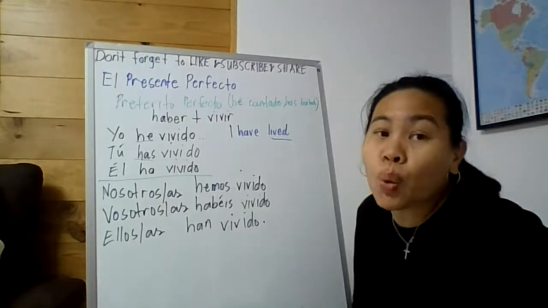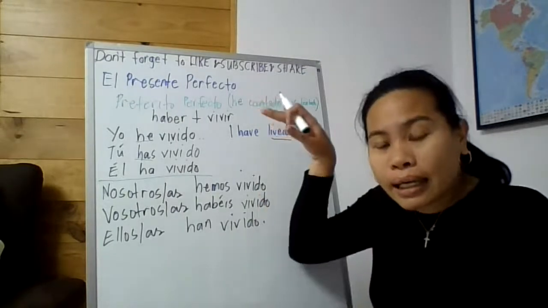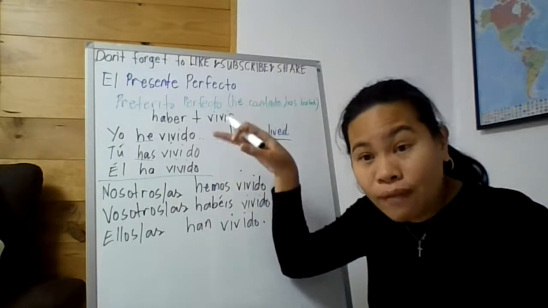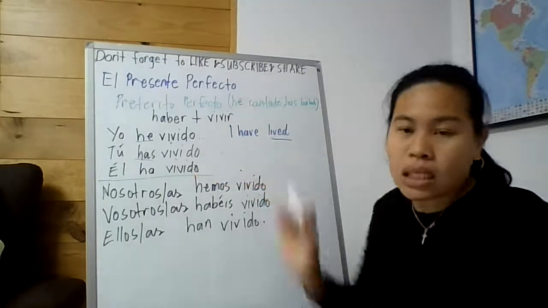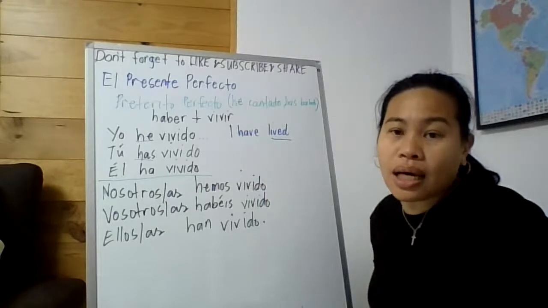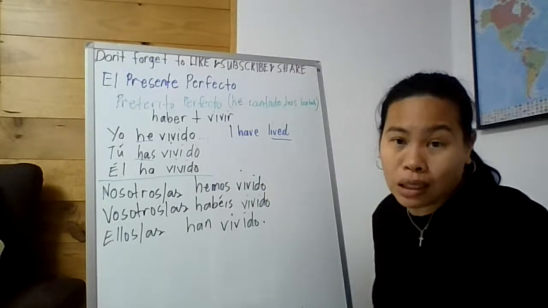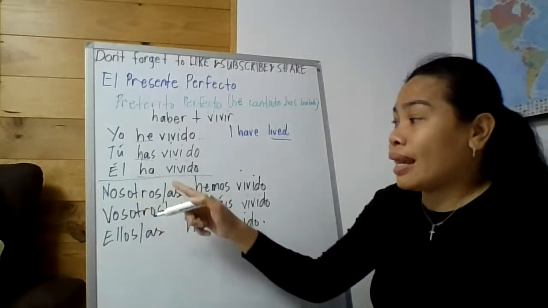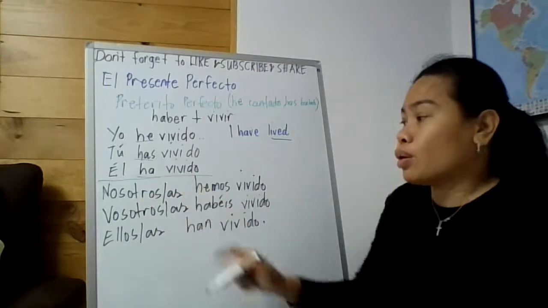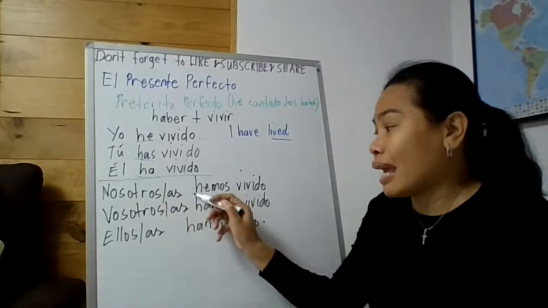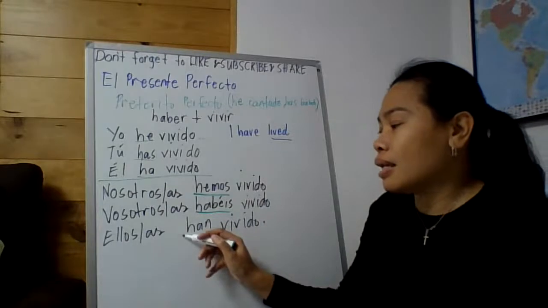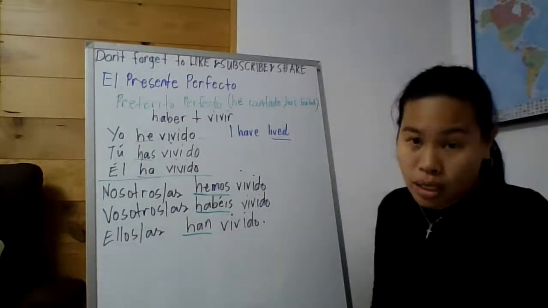Verbo haber means to have. And in perfect tense, we use el verbo haber to have as auxiliary in the present perfect. El presente perfecto. Él ha vivido. Nosotros, nosotras hemos. Vosotros, vosotras habéis. And then ellos, ellas han.